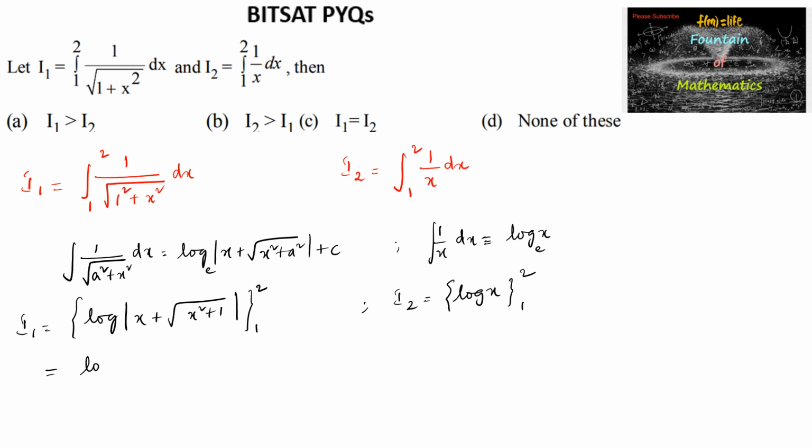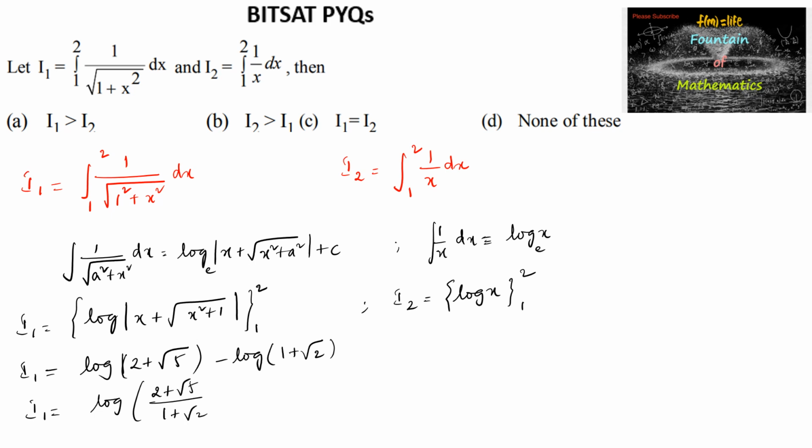So we can write I1 is equal to log of (2 plus root of 2 square plus 1, that is 5) minus log of (1 plus root of 1 square plus 1, that is 2), or we can write I1 is equal to log of (2 plus root 5) divided by (1 plus root 2) by using the property log a minus log b is log a by b.